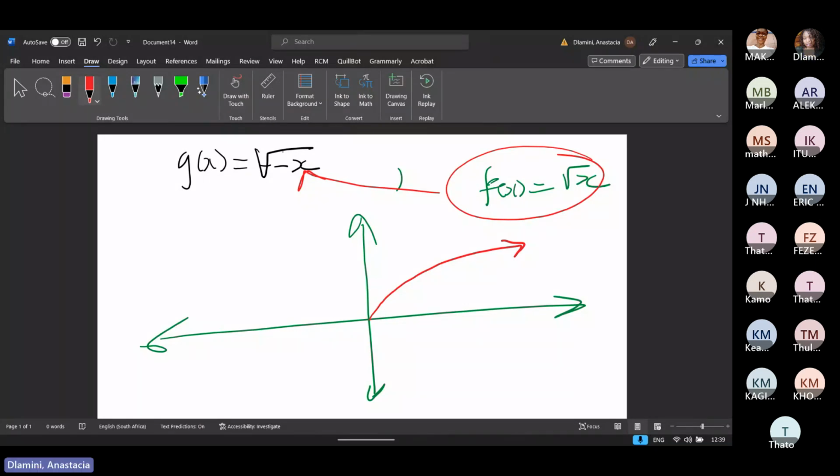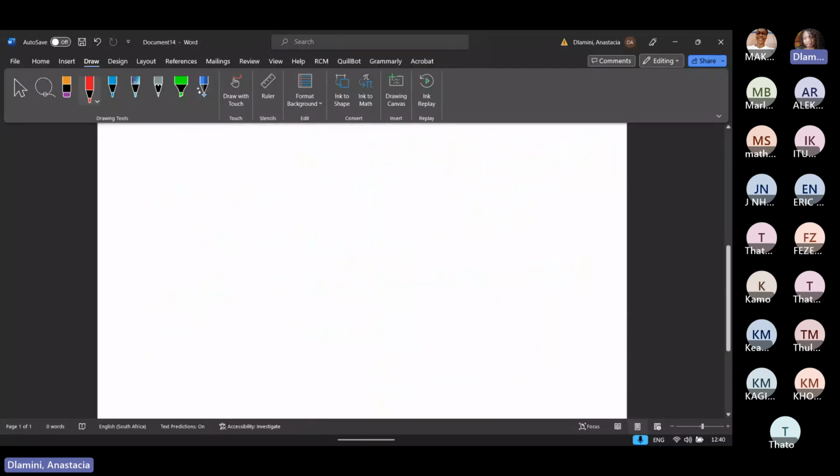Before I do that, this is a reflection about the y-axis, right? So meaning that it will be like this. So this is g of x, and this is f of x. Are we all okay there? Yes, ma'am. Okay. Now I want to show you something. Please mute.